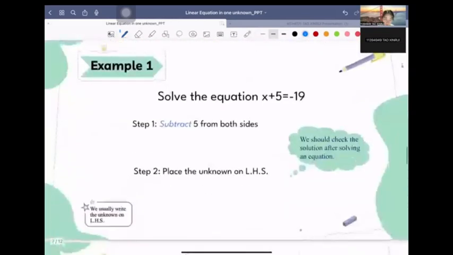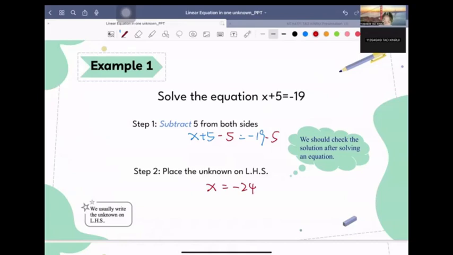For example 1, we try to solve the equation x plus 5 equals negative 19. For the first step, we need to subtract 5 from both sides. So we write x plus 5 minus 5 equals negative 19 minus 5. Finally, we get x equals negative 24.